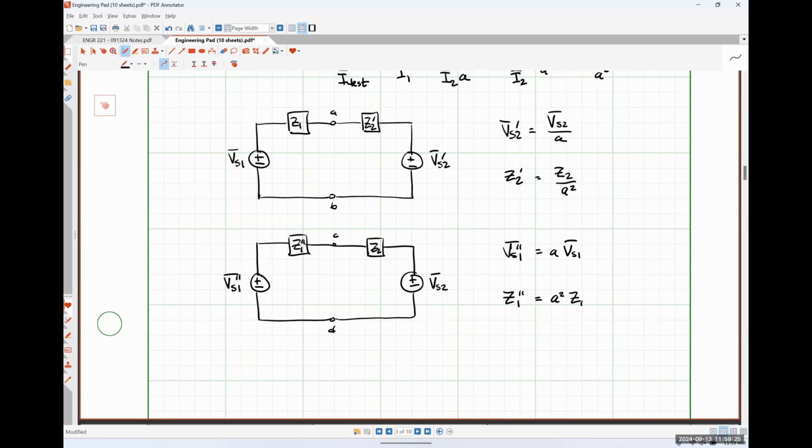So all I mean when I say reflecting is just moving stuff to the primary side or the secondary side. So if we reflect the secondary over to the primary, we have this guy. If we reflect the primary over to the secondary terminals, we have this circuit.